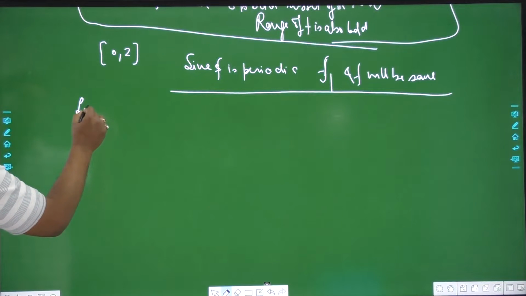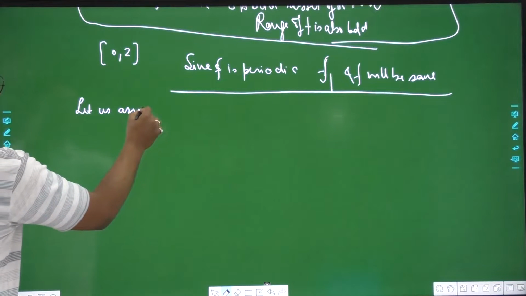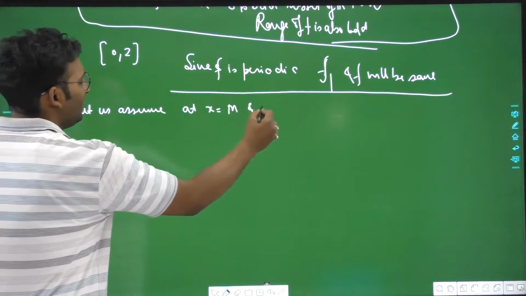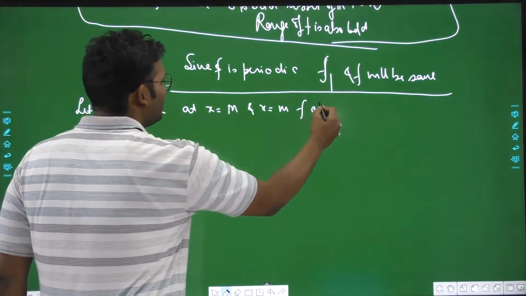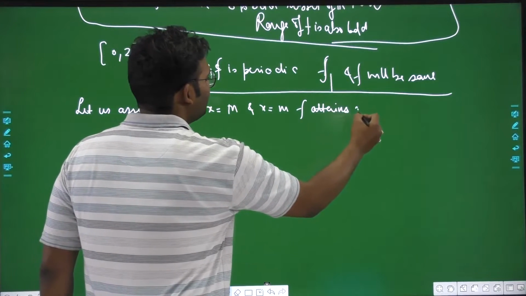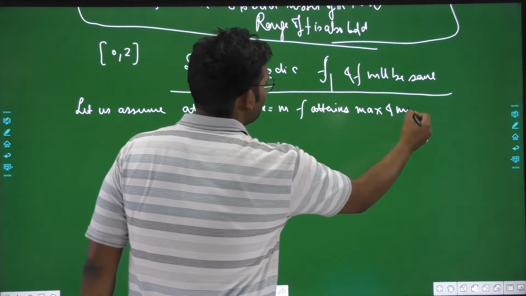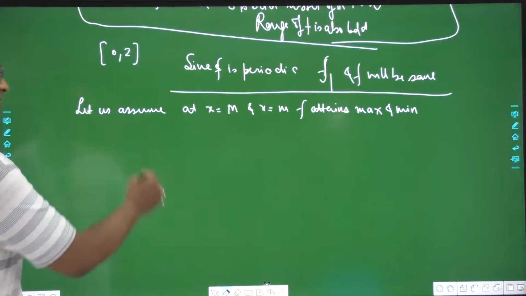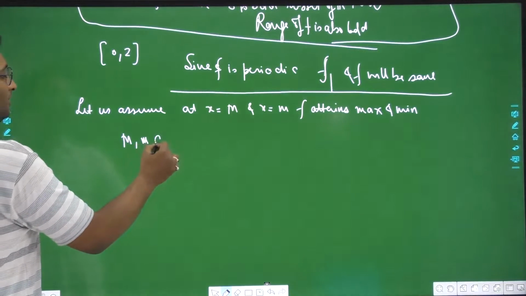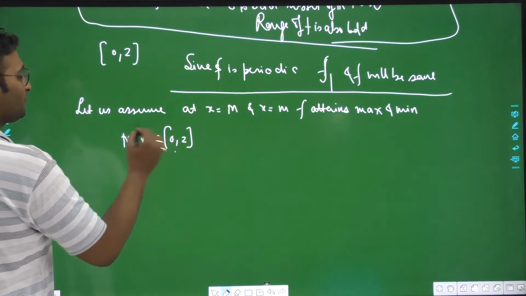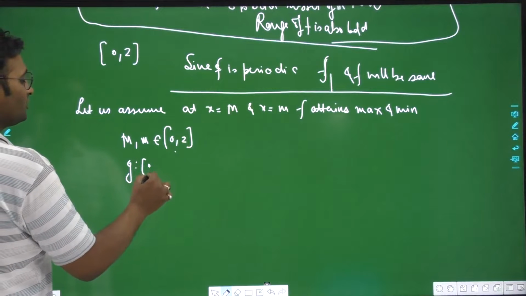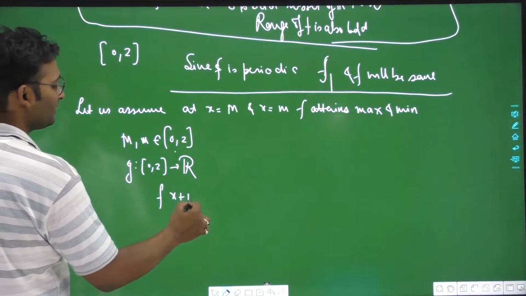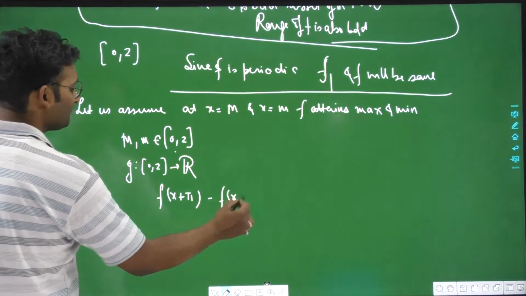Let us assume at x equal to capital M and x equal to small m, f attains maxima and minima respectively. मान लेते हैं फंक्शन क्या अटेन कर रहा है, मैक्सिमा या मिनिमा अटेन कर रहा है. कौन से पॉइंट पे? कैपिटल एम और स्मॉल एम पे, जहां पे M and small m belongs to 0,2. Now let us assume a function from 0,2 to R given by g(x) = f of x plus pi minus f of x.